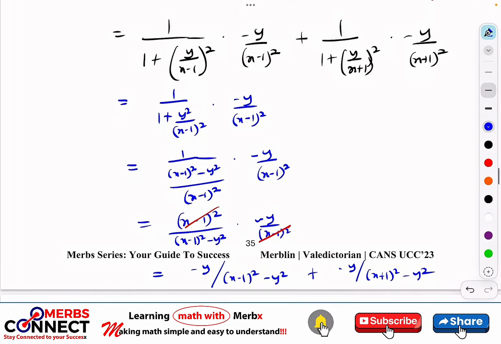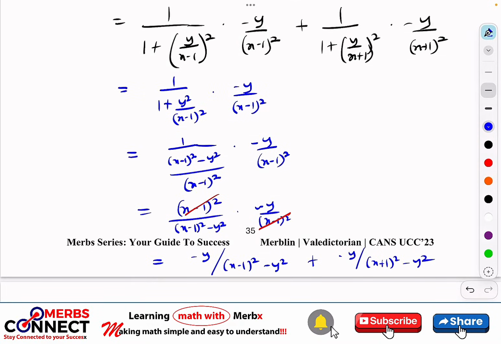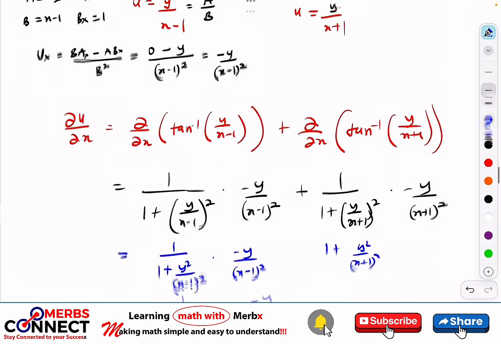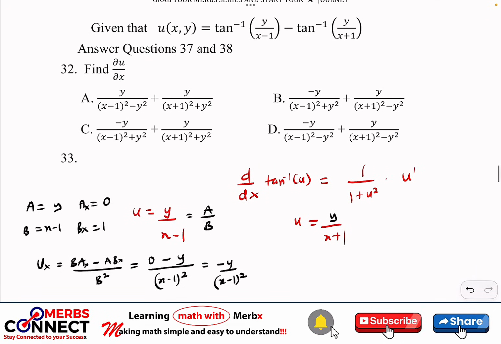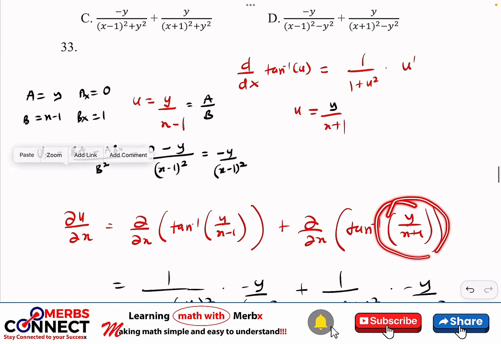But something is going to happen here. I think this should be plus because when I do this, I'm going to have 1 plus y squared divided by x plus 1. Yeah, so this should be plus 2. Good, let's go and see it. We have minus minus. Okay, so if you are not minus, you are out of the equation. Everything is positive. Why? Okay, I think I need to watch this guy here.